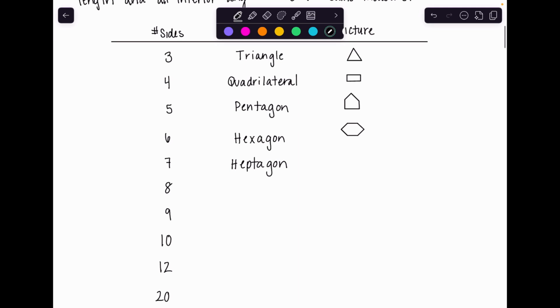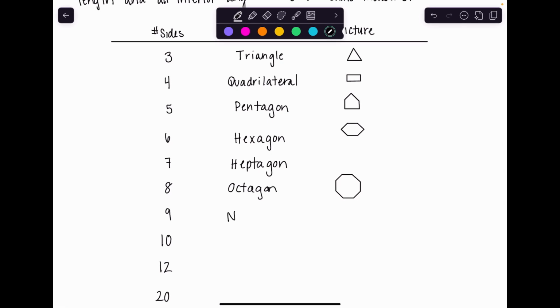That one I am definitely not going to attempt to draw because it's not going to come out pretty. An 8-sided figure is an octagon. And this one, hopefully you recognize as our stop sign. So that one I can actually draw a little bit of a figure for. So that's 5, 6, 7, 8.